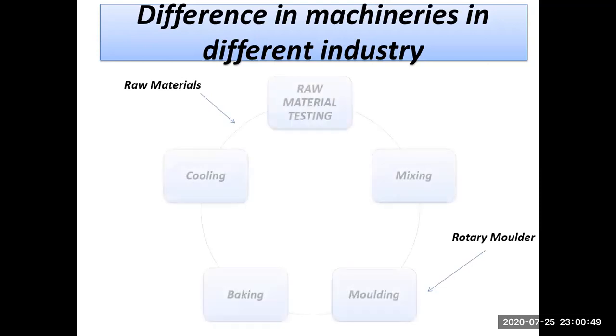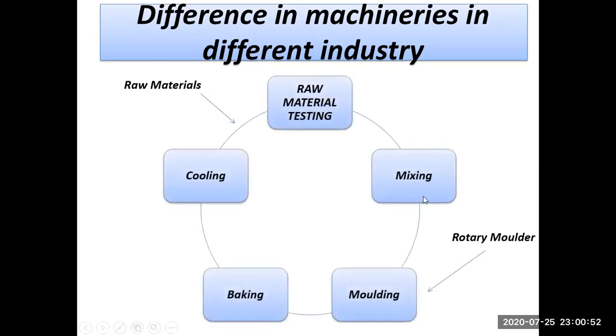Then, whenever we go for industrial mixing, what will be the variation in that part? In industrial mixing, there are some things that vary from industry to industry. If you go to this chart, it shows where things are varied in industries.